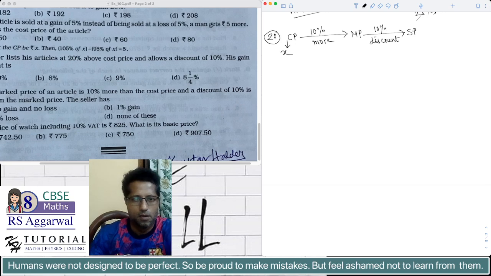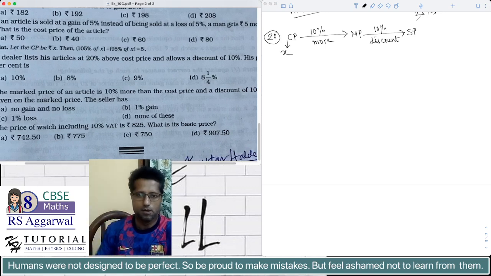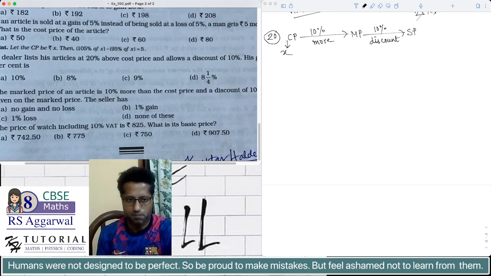The question is asking whether there is a loss or gain, and what is the gain percent or loss percent if there is any. So let's see.